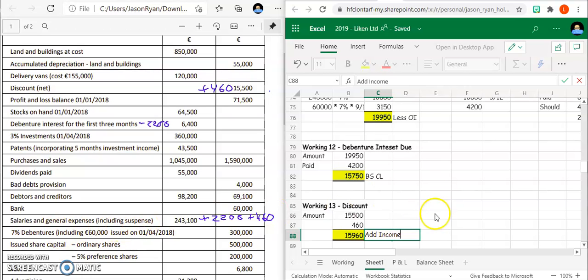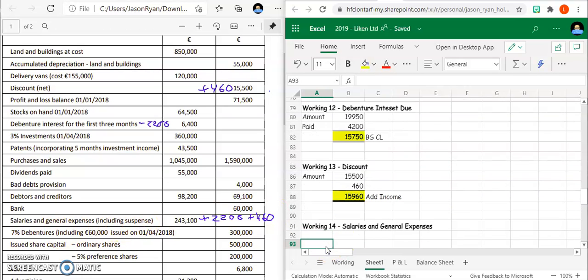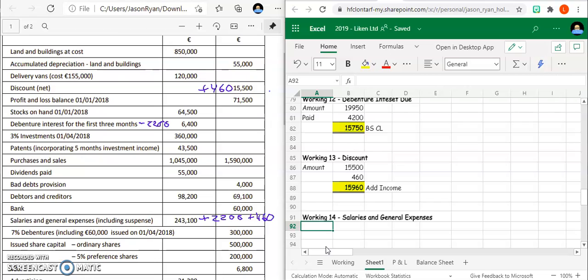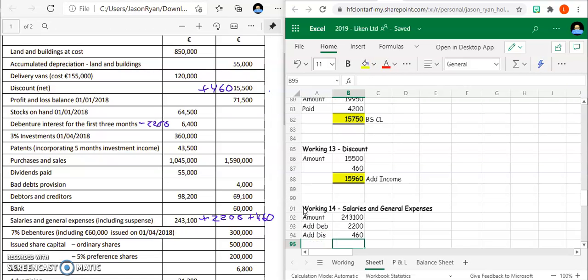And then the last part, selling and distribution, or sales and general expenses. The amount that we have is going to be 243,100. We're going to add the debenture interest, which is 2,200, and we're going to add the discount, which is 460.